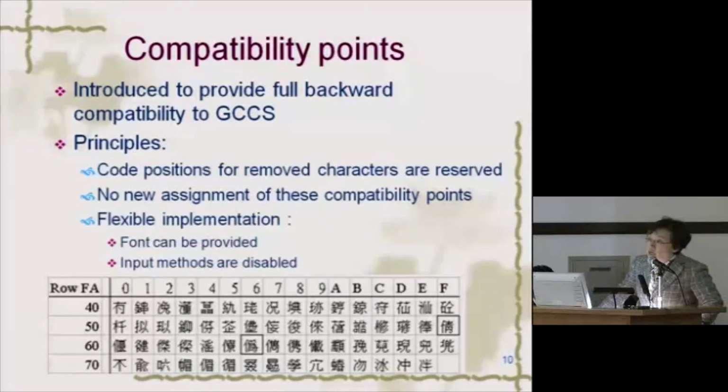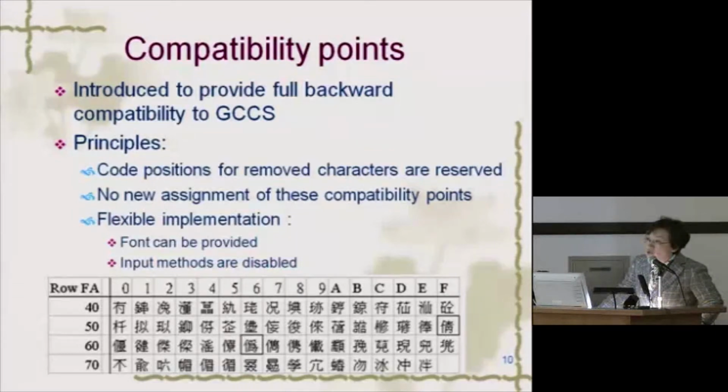And so this provides a flexibility for vendors. If they want to, they can still generate or produce the characters in the wrong shape. We try to block the use of those codes by preventing people creating the input methods for these characters.